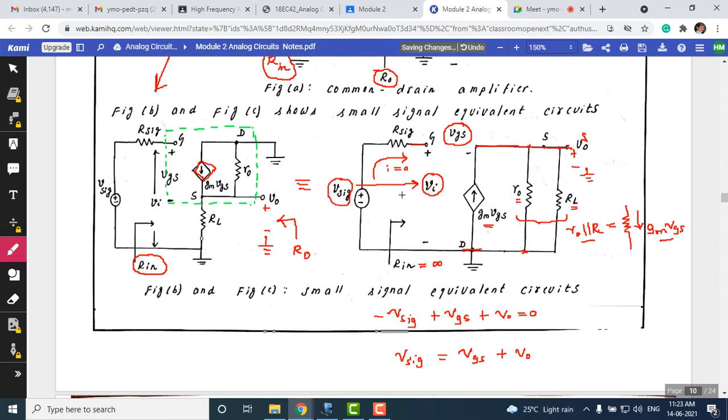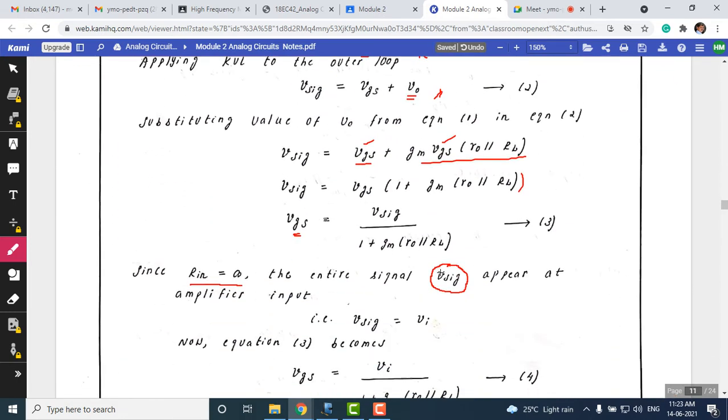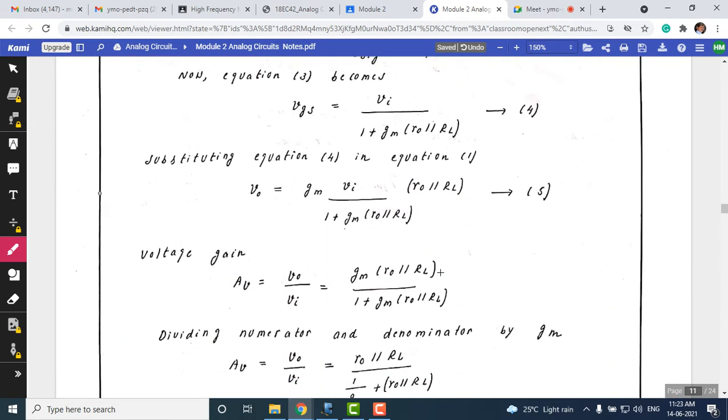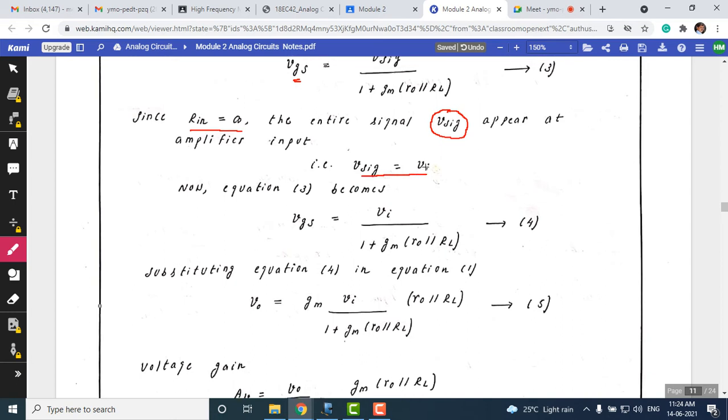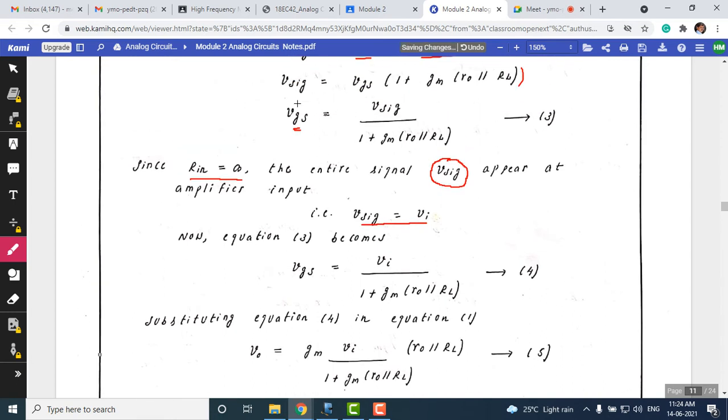Let us see what changes once Vi becomes equal to V signal for this input resistance equal to infinity. Once we assume that V signal is equivalent to Vi, look at equation 3: V signal in the numerator is equated to Vi.